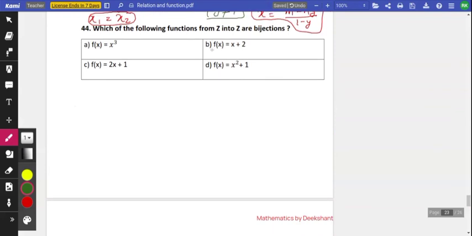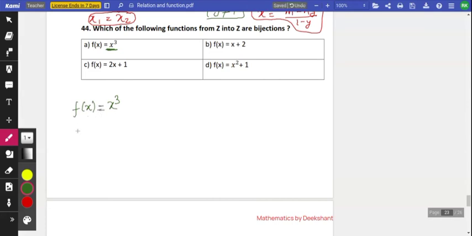Which of the following functions from Z into Z are bijections? By checking the options we can easily get the answer. The x cube function is not a bijective function because of the power, we cannot say the given function is bijective.